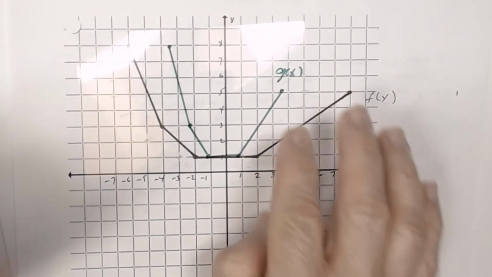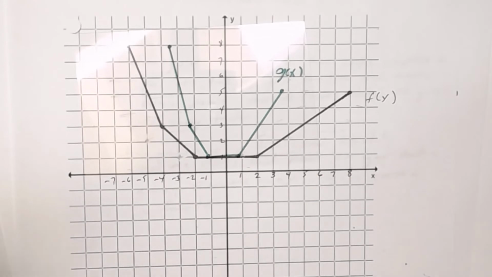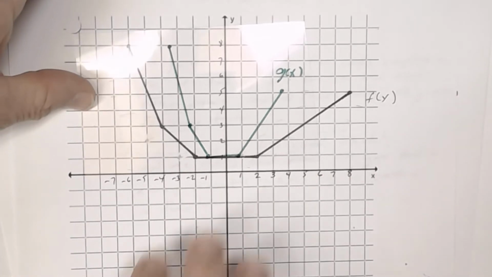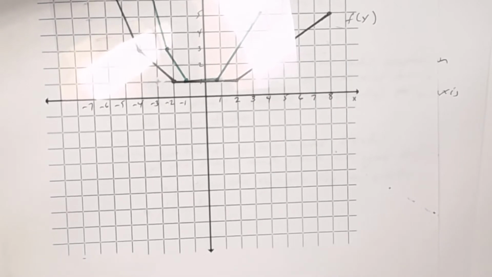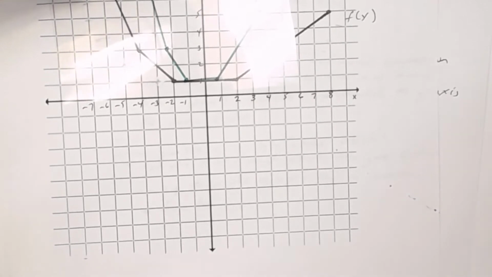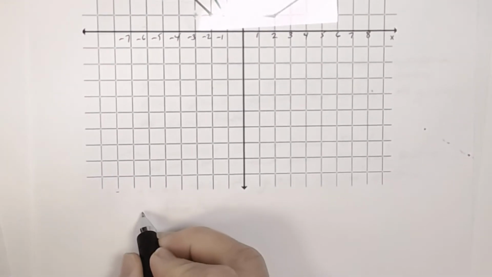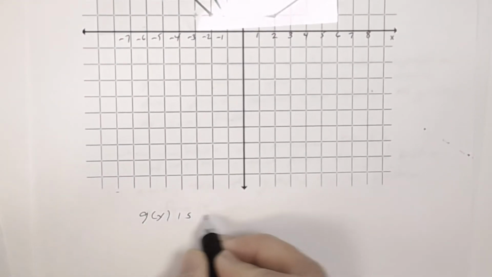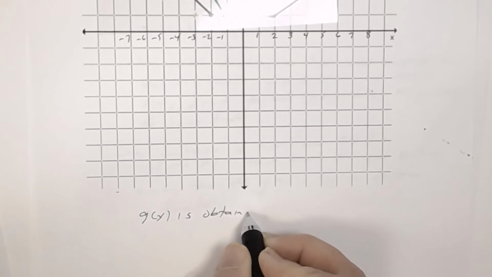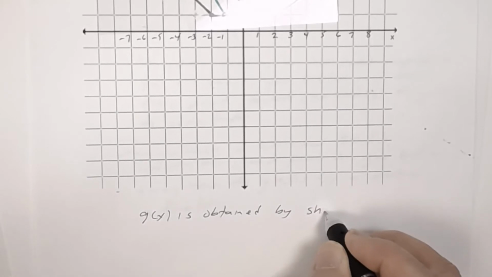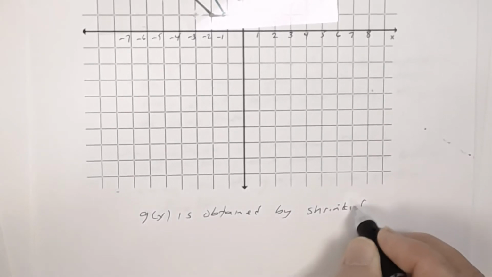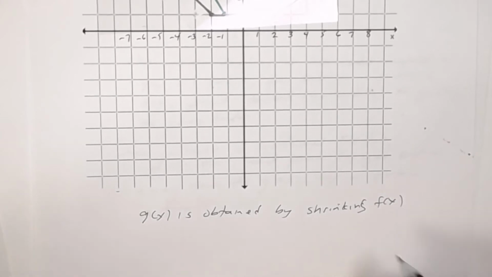All right, so what I want you to understand here is this. I'm going to write this down. So g of x is obtained by shrinking f of x.